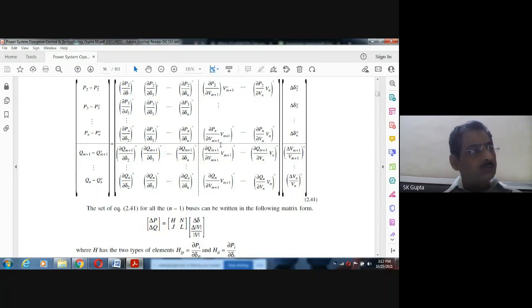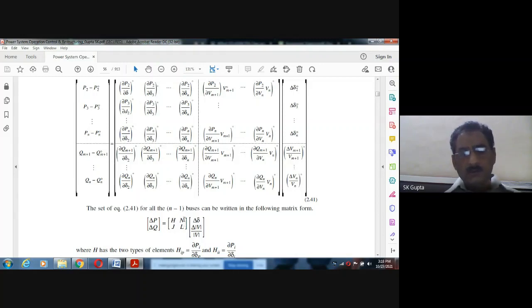Now the question was, how to calculate this? Up to now we explained that this is called H. Here this is called N. This submatrix is called J, and this L. Further, H has two types of elements: the diagonal elements, called HII, meaning row and column are the same, and the off-diagonal elements, called HIP.